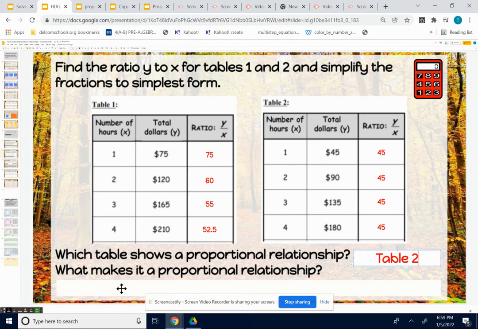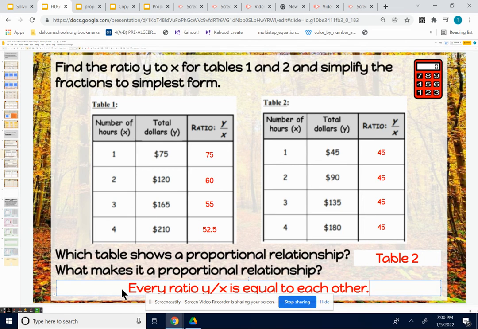Why is it a proportional data table? Because every ratio, y divided by x, y over x, is equal to each other. So to have a data table that's proportional, every y over x must be equal to each other.